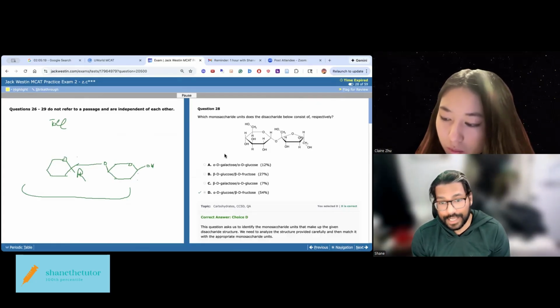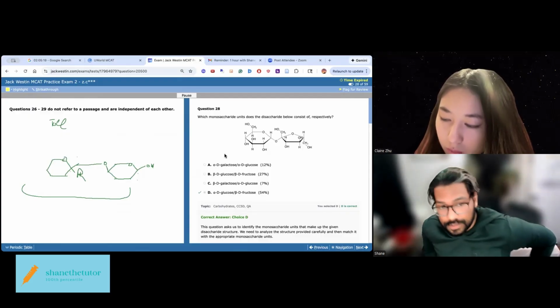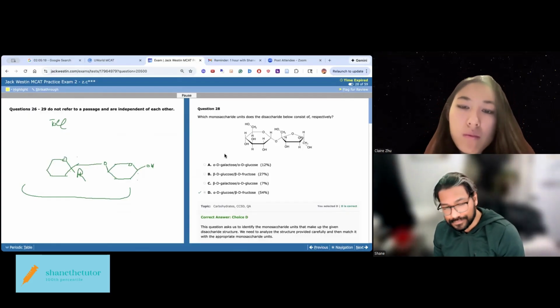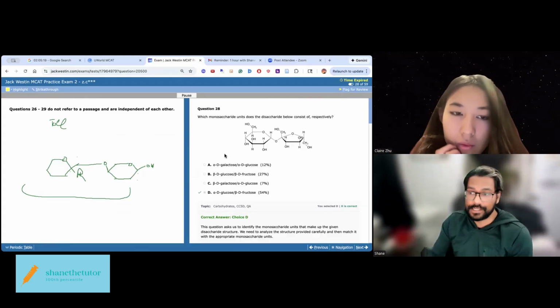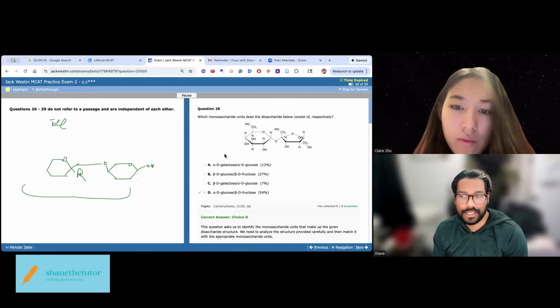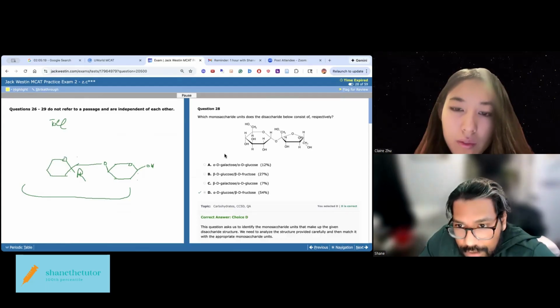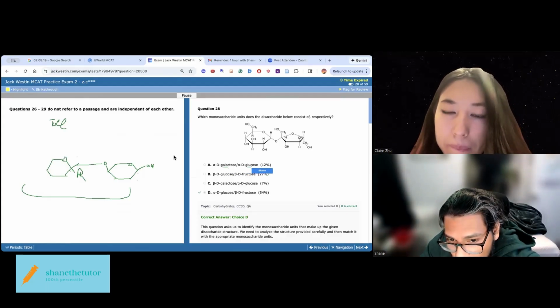So if you have glycogen, cellulose, or any polysaccharide, you could still test positive just on that last monomer. Okay, so galactose, glucose, these are all reducing sugars.